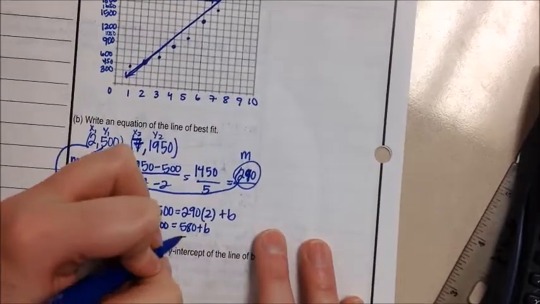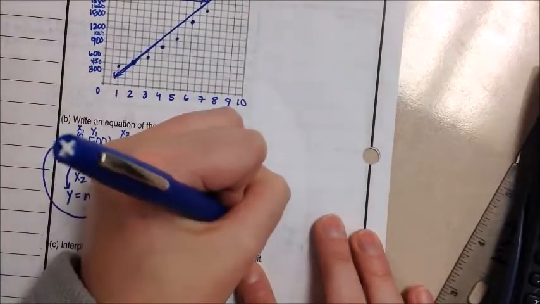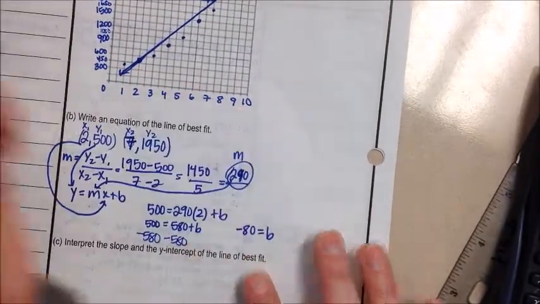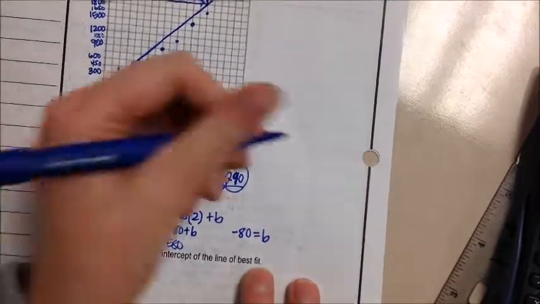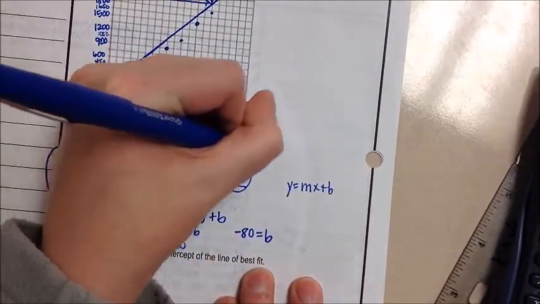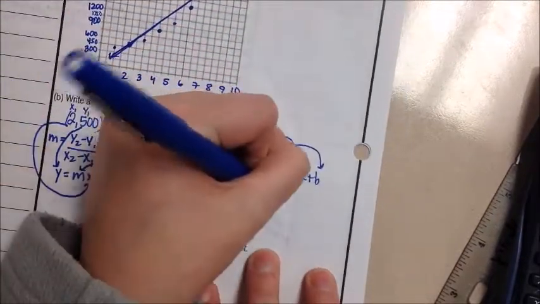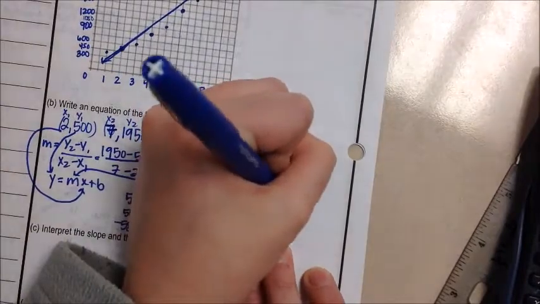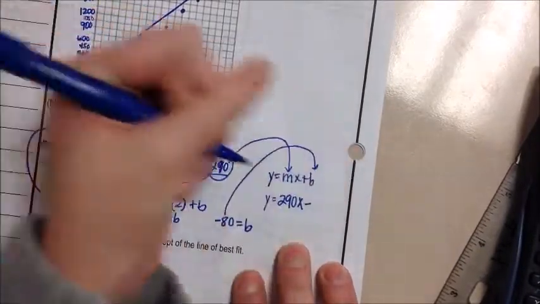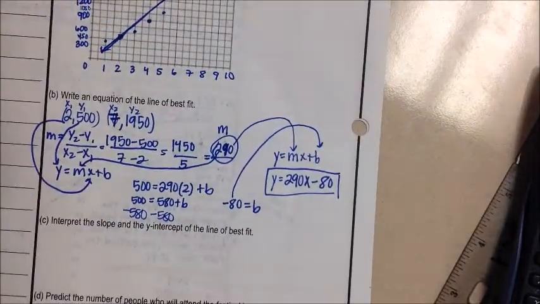Okay, so minus 580 minus 580 is negative 80 equals b. Okay, so then my equation, if I use y equals mx plus b, this goes in for m, this goes in for b, so I have y equals 290x minus 80. Okay, so that would be my equation.